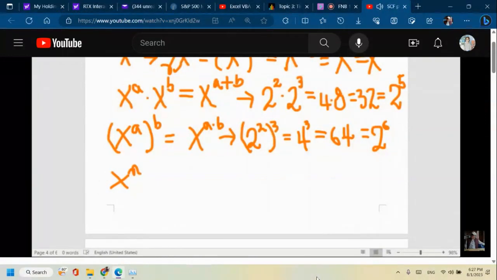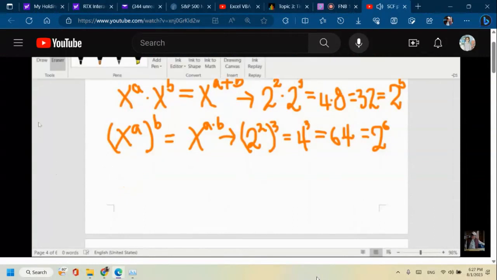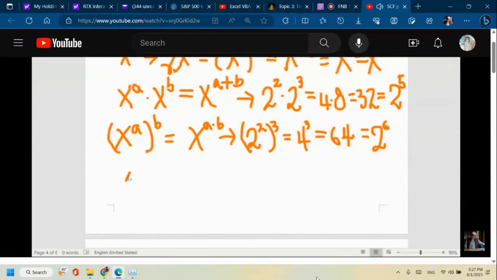If you have x raised to n, and you want to turn it into x, you'll have to raise it to the nth radical, in other words, raise it to 1 over n. Through the same process, x raised to n times 1 over n will be exactly x.